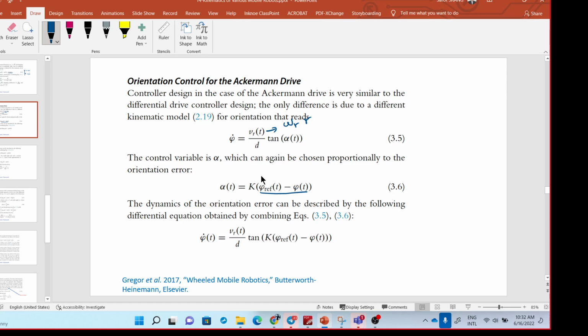Okay, and then let's look at the response on the kinematics, because here we have the kinematic equation. If we choose alpha to be like this, what happens to the actual orientation?